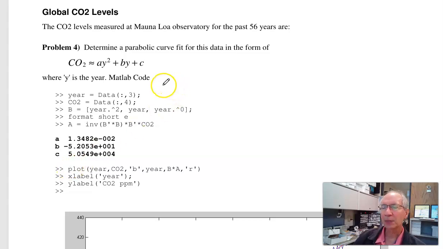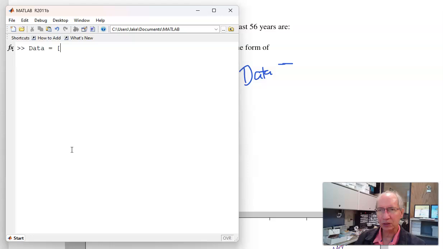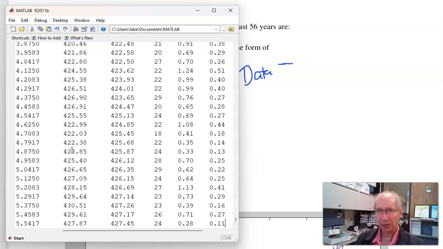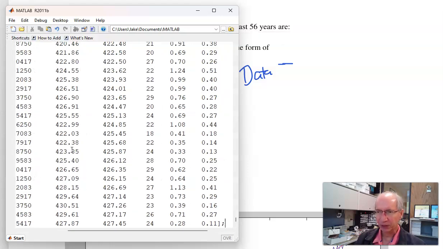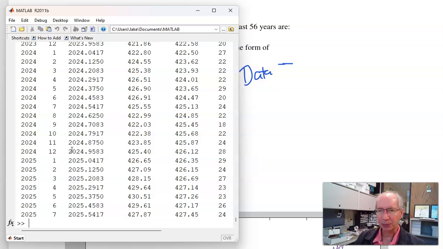So to get that data into Matlab, what I'll do is first say data equals start of matrix, paste, end of matrix. There, I just have a whole bunch of data points in Matlab.